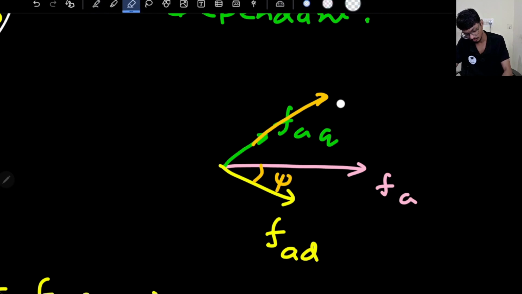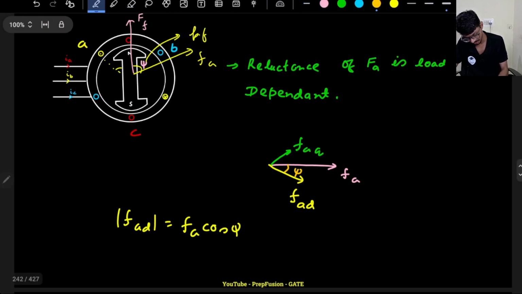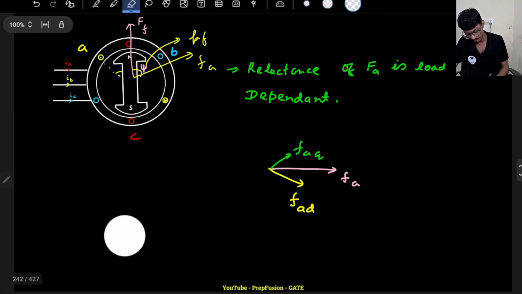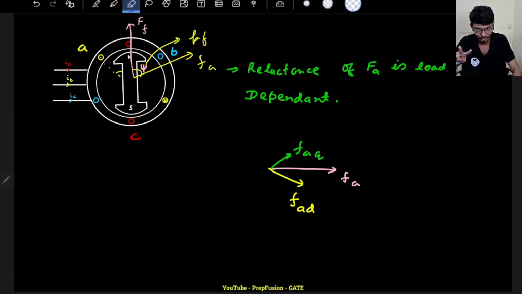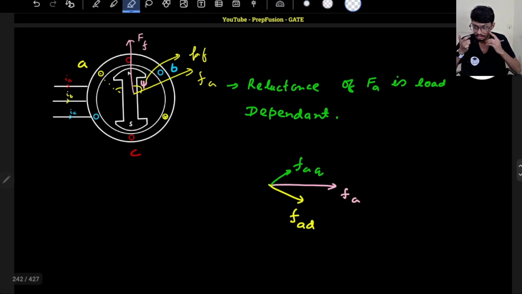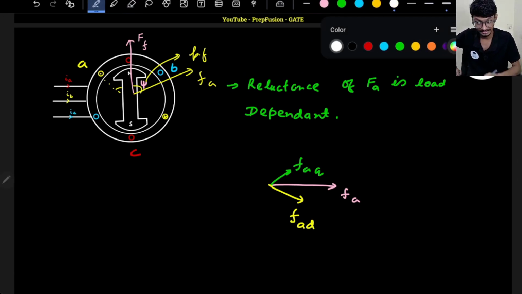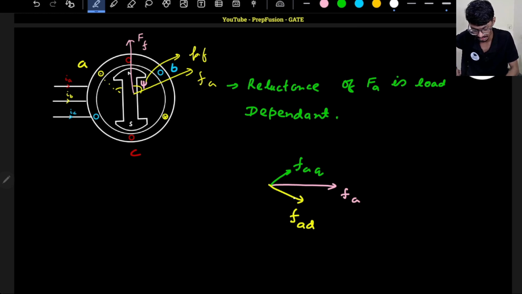I will explain. So for, okay, let me ignore this. Just let us understand this part only, otherwise you will get confused. Your armature MMF will have two components. Of course, if your MMF has two components, that means whatever current is getting induced in the armature also has two components along the same directions.